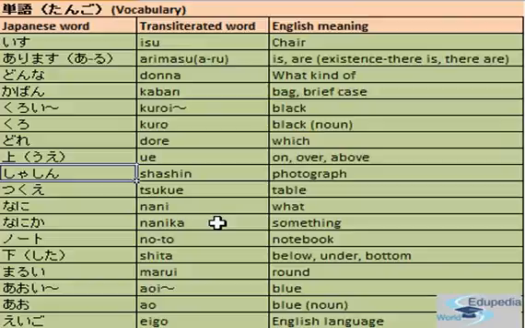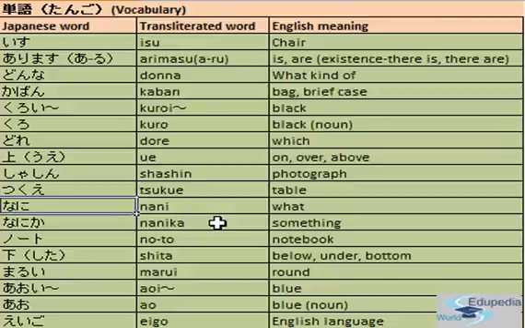Shashin meaning photograph. The next word, tsukue. It is not pronounced as tsukue, it is pronounced as tsukue. Tsukue meaning table or desk.